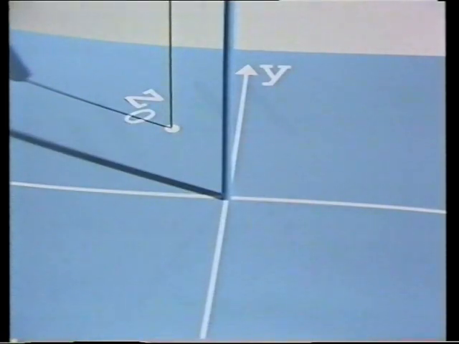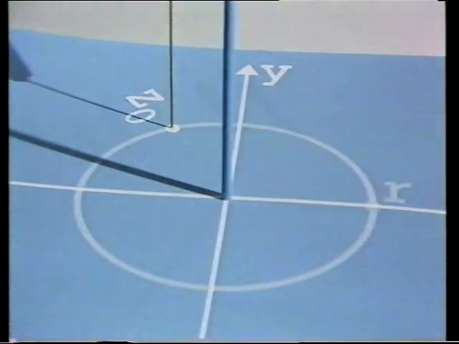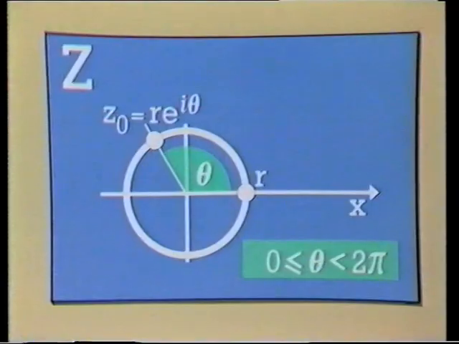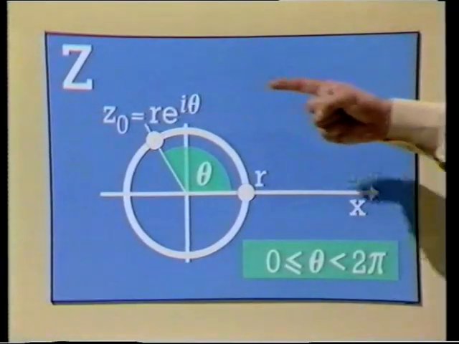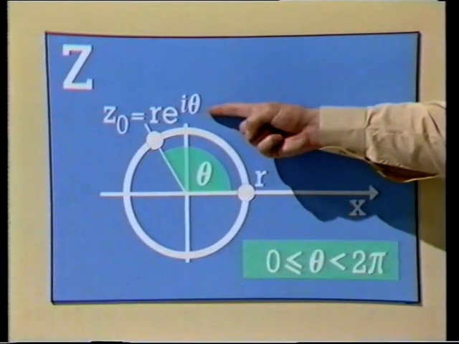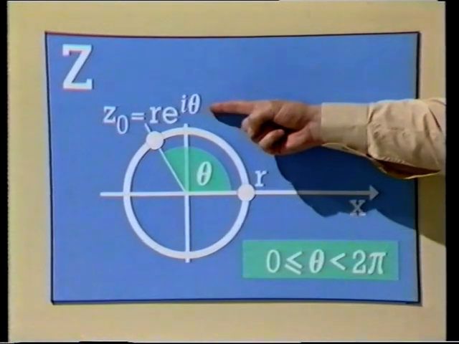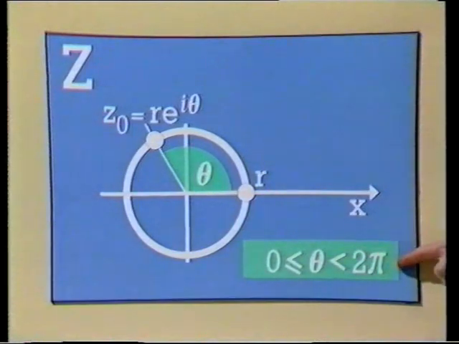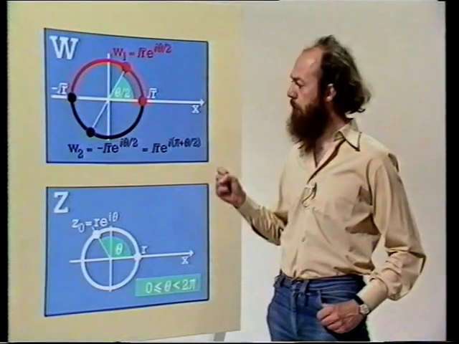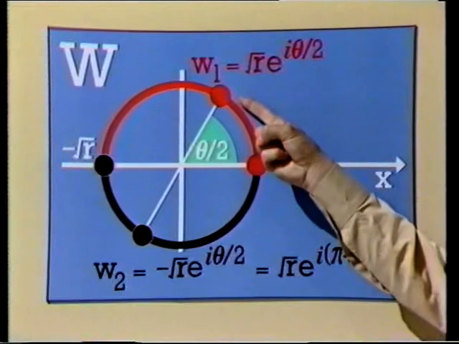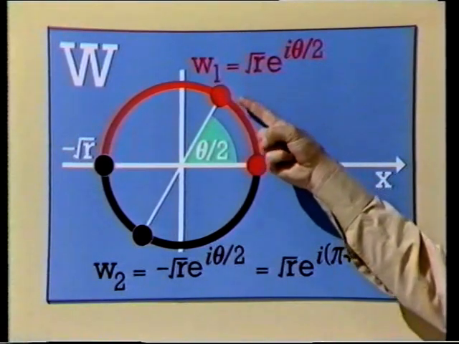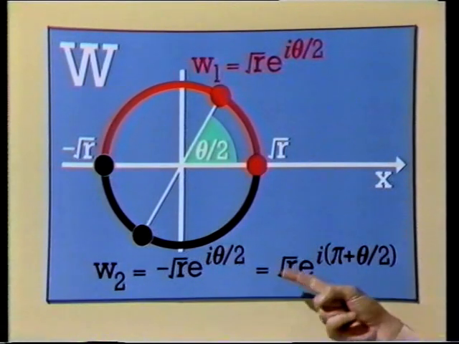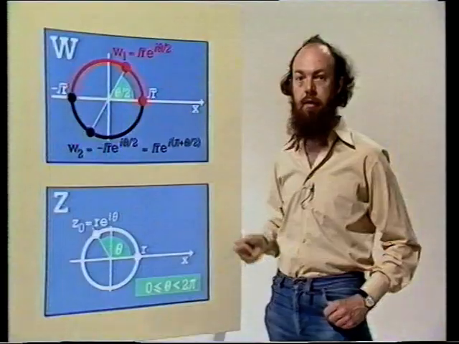To see how, let's take z0 and run it round a circle centre the origin of radius r. So z0 equals r e to the i theta, where r is fixed and theta varies from 0 to 2 pi. Therefore, the values of w are these: root r e to the i theta by 2, and minus it, which you can get by writing a pi here instead of the minus sign.